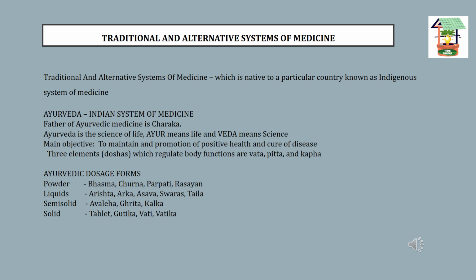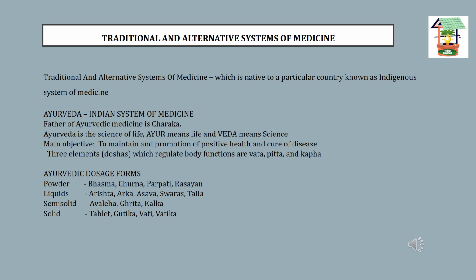Here we will cover traditional and alternative systems of medicine, like Ayurvedic medicine. In this Indian system of medicine, we should know who is the father of the Ayurvedic system, what is the main principle or objective of this system, how it treats a diseased person, and what dosage forms are there.